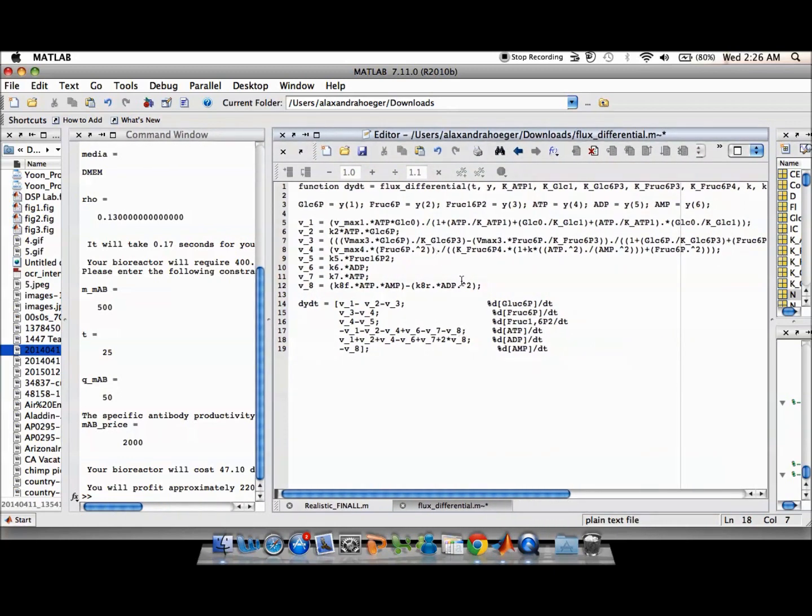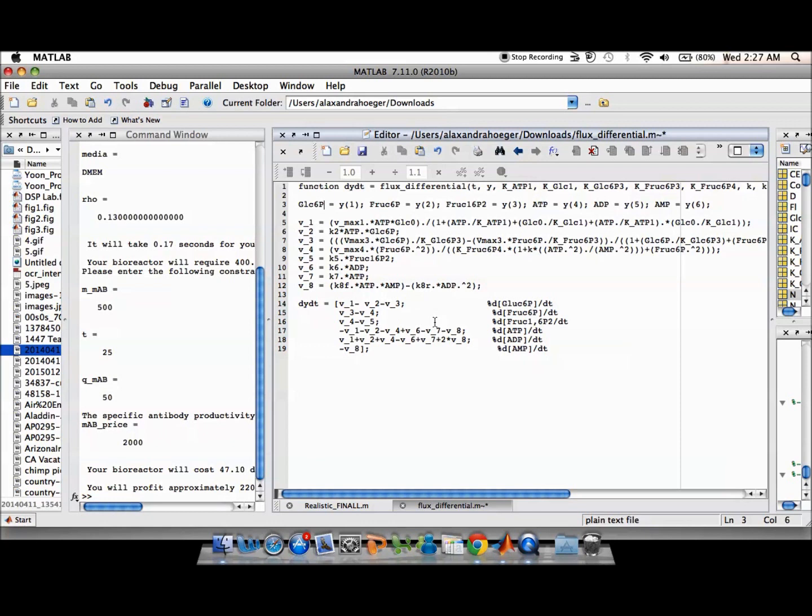Those are just the equations that we established using those affinity constants, maximal velocities, and initial conditions. Our output vector is going to be Y, which is the concentration for each of the metabolites that we're tracking.